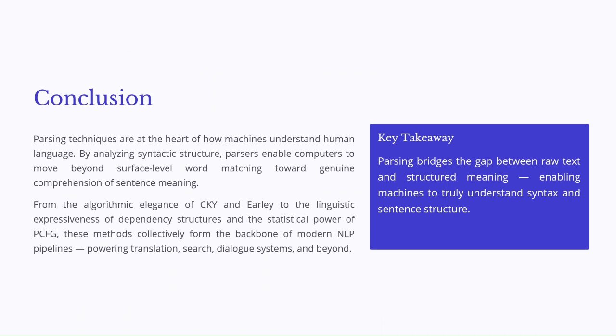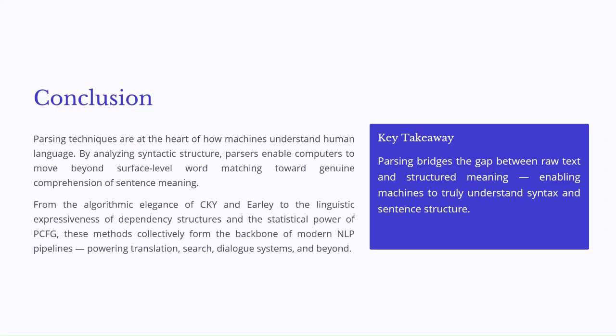So, as a conclusion, the parsing techniques are the heart of how machines understand human language. By analyzing the syntactic structure, parsers enable computers to move beyond surface level word matching towards genuine comprehension of sentence meaning.